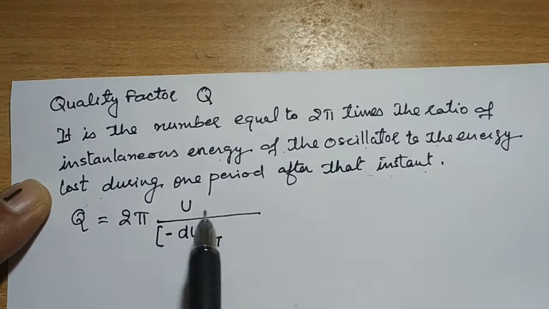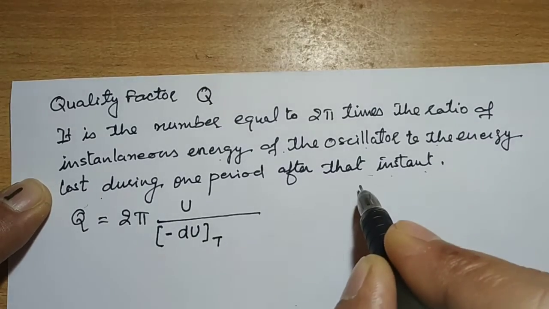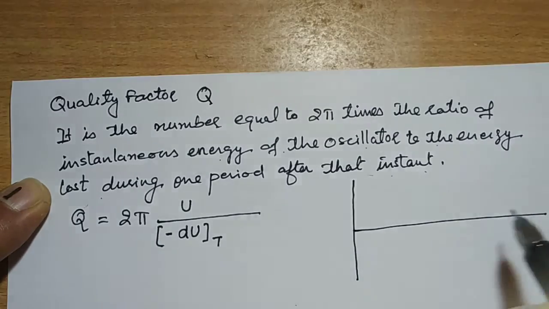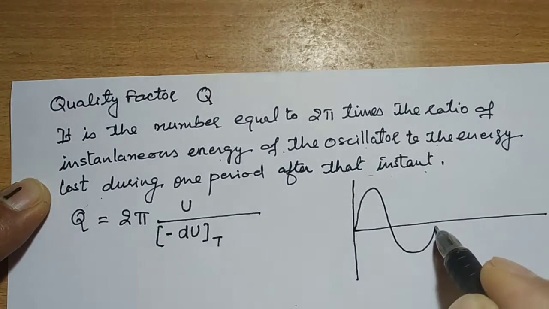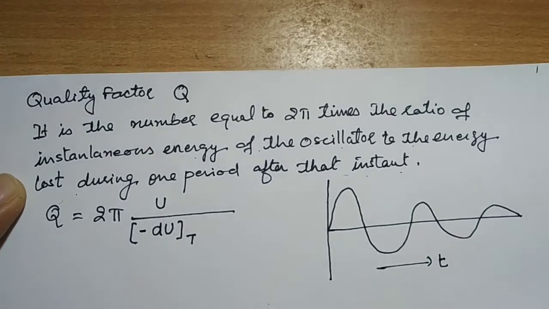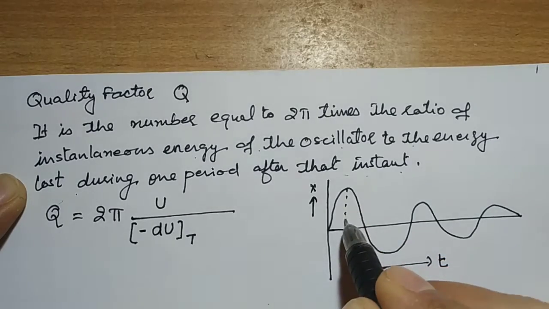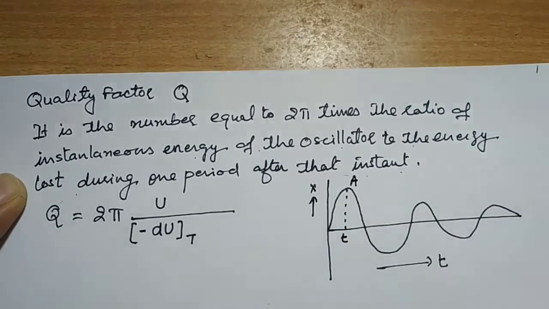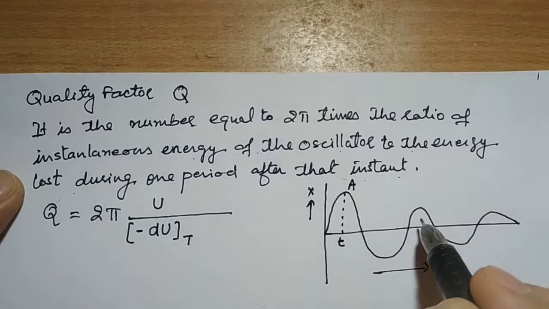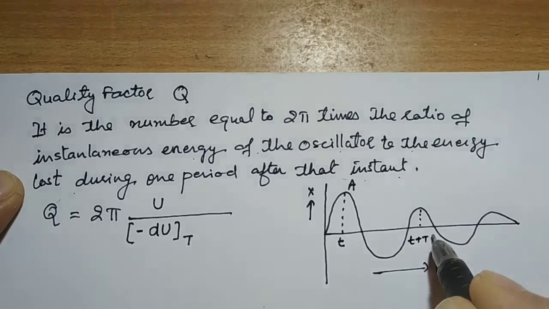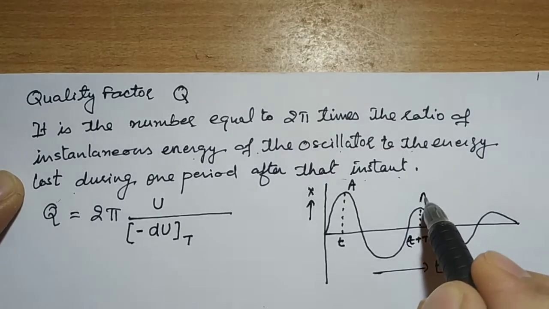Now we have to derive the expression for this. At a particular instant, let us say this is the diagram of oscillations of an underdamped oscillator. At a particular instant of time t, we take this as the amplitude, and after one time period, that is t plus capital T, the amplitude is, let us say, A prime.